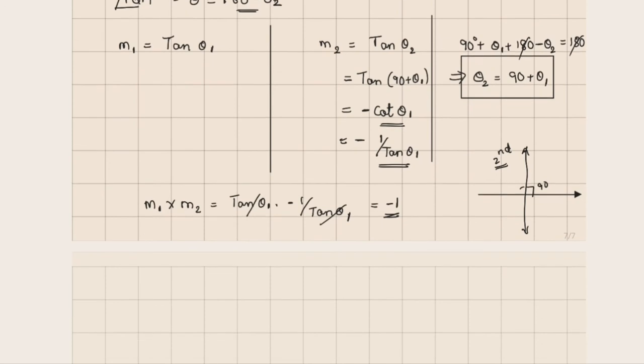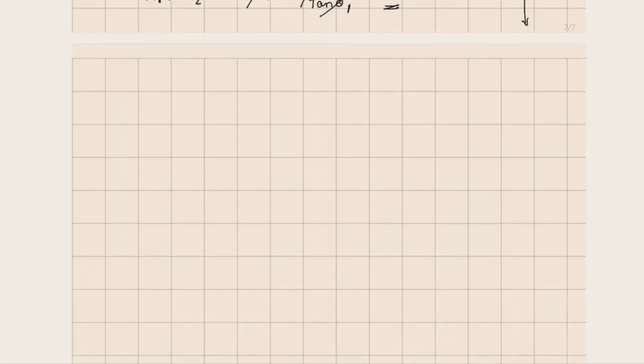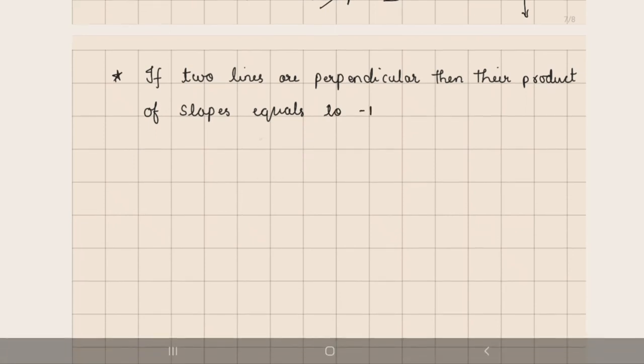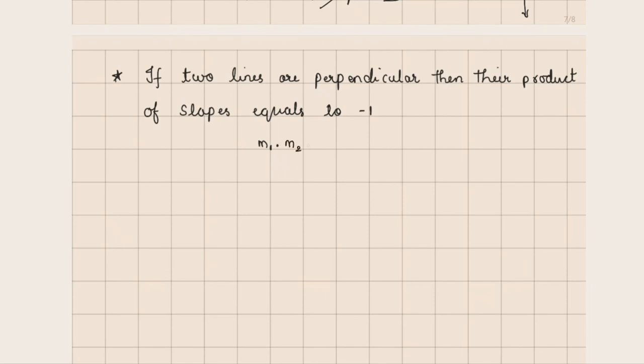So if two lines are perpendicular, then the product of their slopes equals minus 1. This means m1 into m2 equals minus 1.